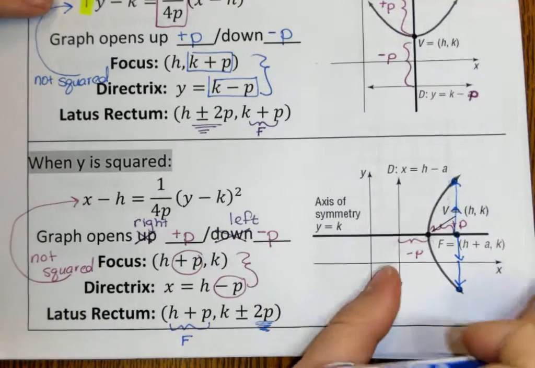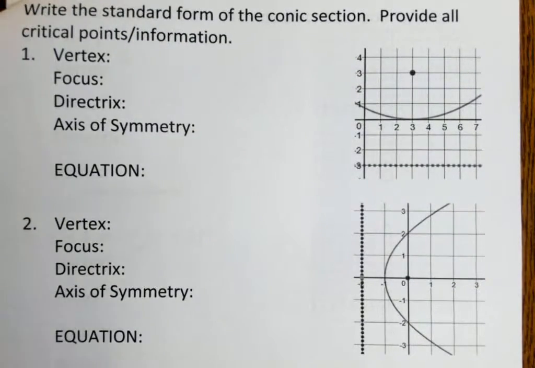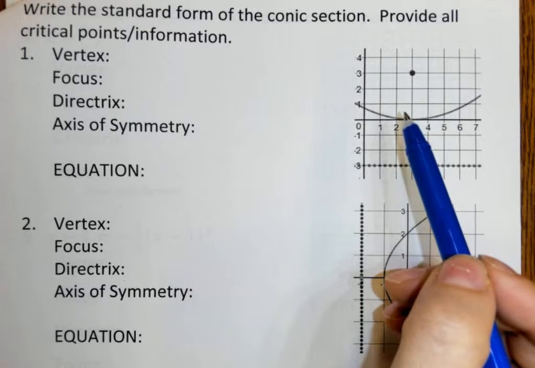Okay? All right, let's actually try to do some of this. And again, this is going to be part of your test, the way it's set up. You're going to be given a picture of your conic section. Write the equation. I can tell that this figure is a parabola because there's only one curve.